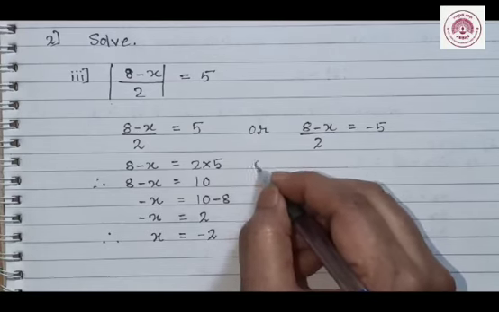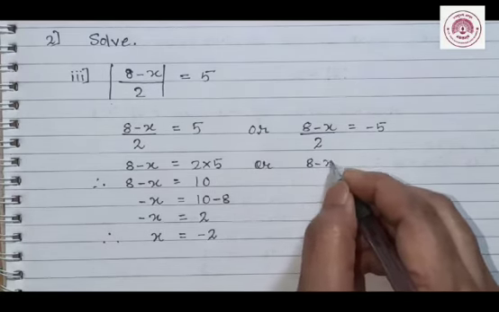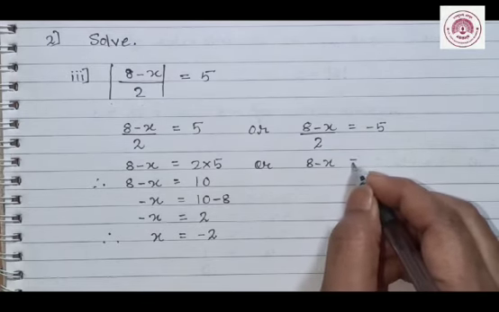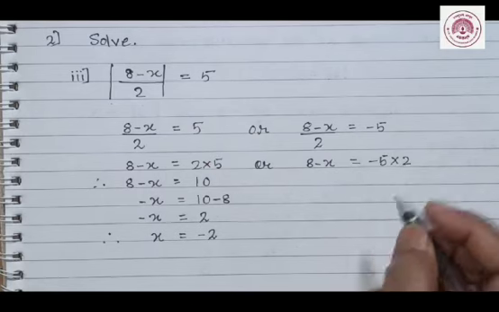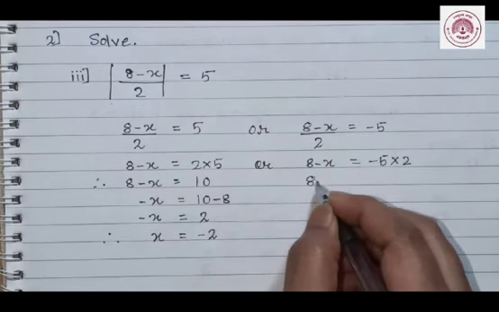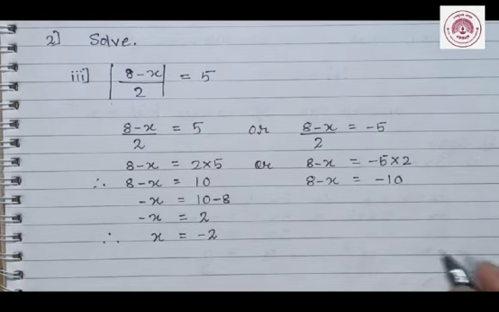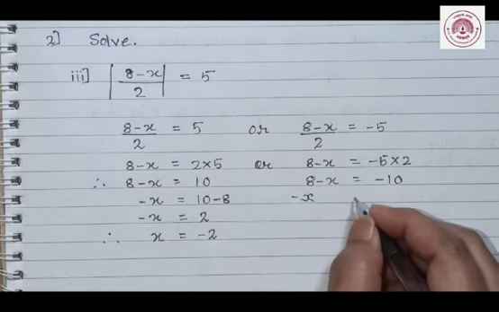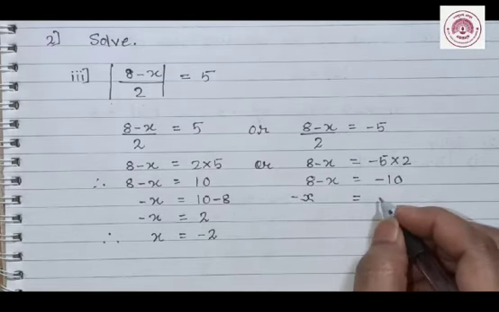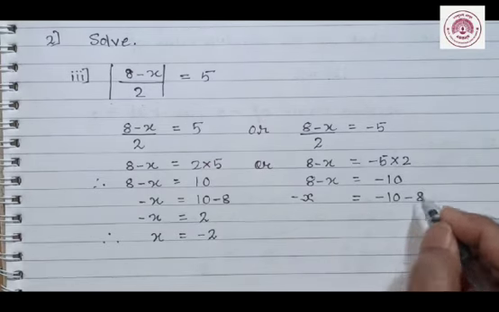Let's find out the second possible value. 8 minus x equals negative 5 multiplied by 2. So therefore 8 minus x equals negative 10. So negative x equals negative 10 minus 8.